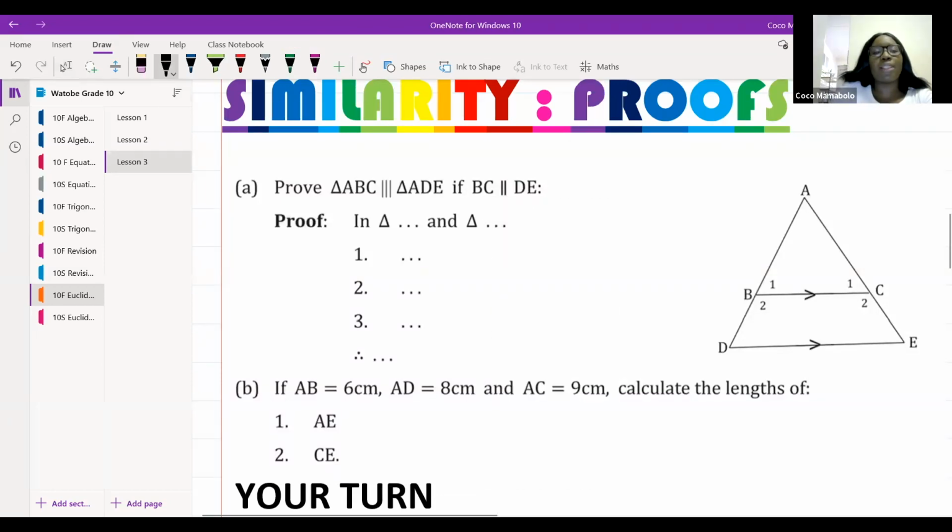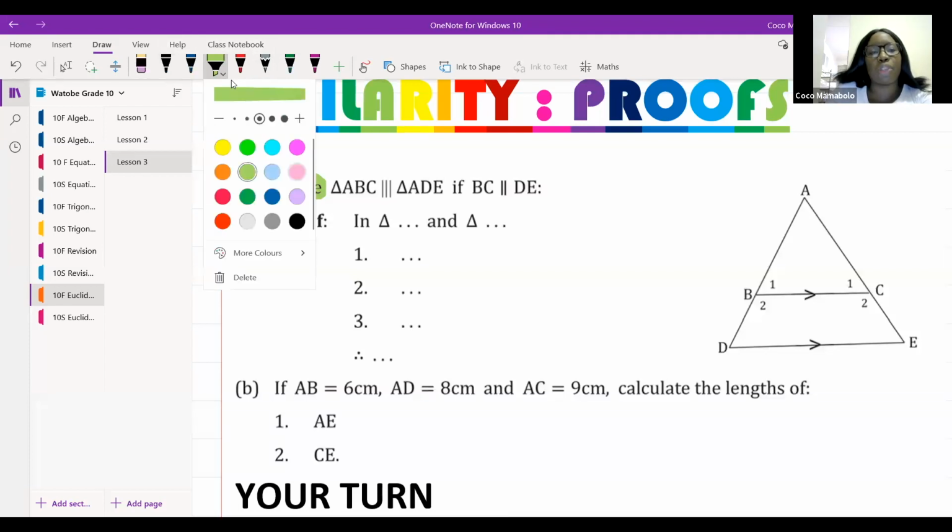So over time, we see the word prove. Prove that triangle ABC is similar to triangle ADE if BC is parallel to DE. So they've already given us some very important information.